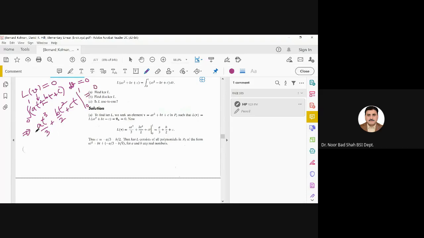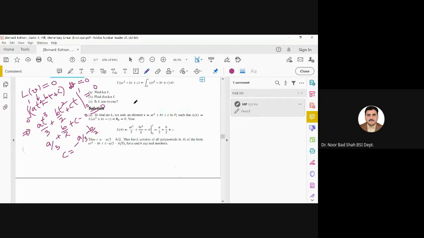If you put t equal to 1 here, we get a by 3 plus b by 2 plus c minus 0, equal to 0. From here we have c equal to minus a by 3 minus b by 2.